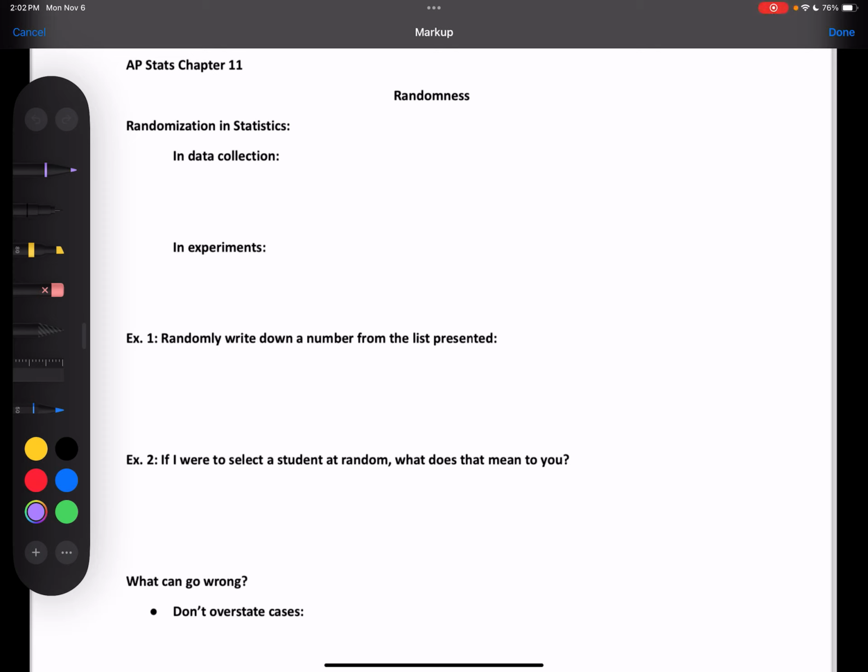All right, so randomization in statistics. In data collection, we use random sampling to avoid bias.